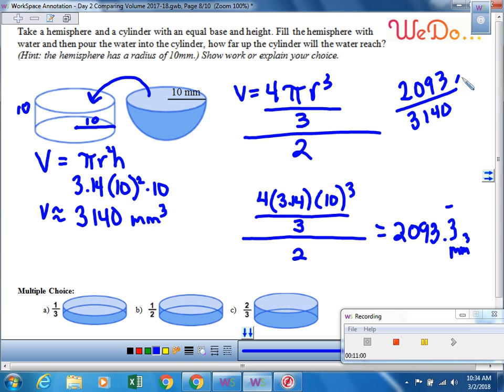What's it look like about? Sophia, what do you think? You think it's about 1/3, 2/3? Brent said 1/3. What do you think this ratio is?